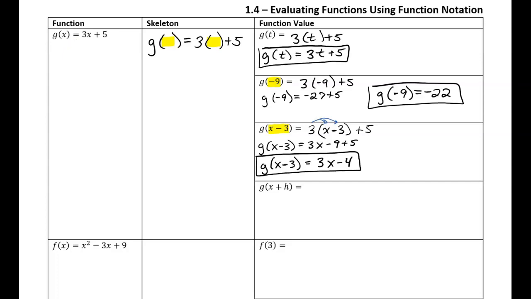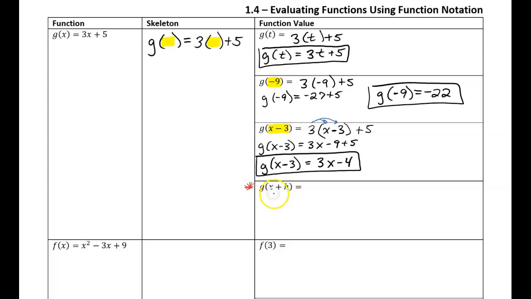Now the last one. And this last one is very important. This is something you'll use in your future classes. So we have g of x plus h. So not only do we have an x again, but I now only have a variable that I'm adding, right? I'm not plugging in a number like we did in the last one, right? That x minus 3, we had a number being subtracted.